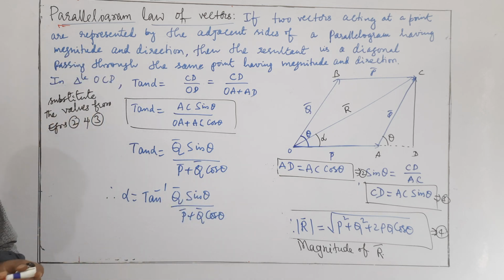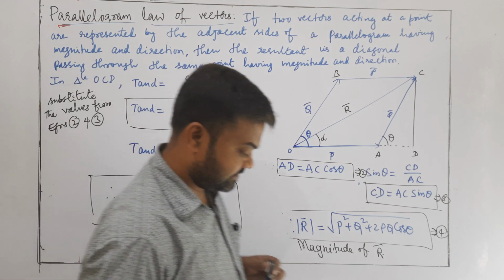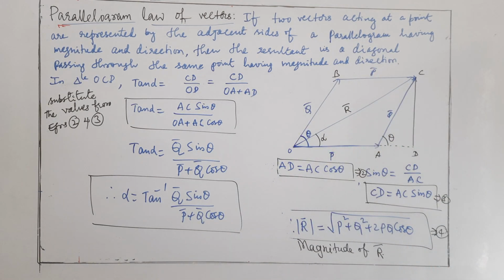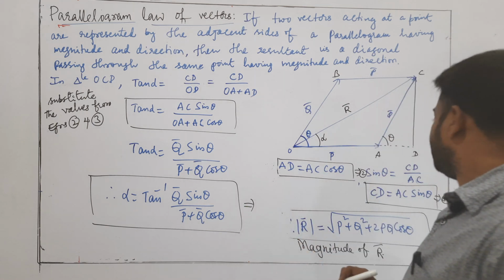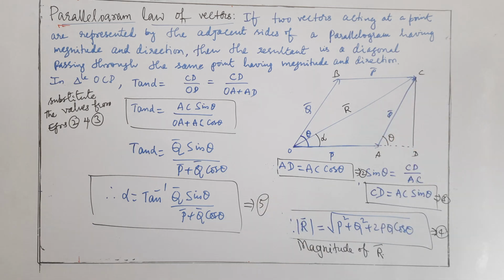Like this we can write here. This is the resultant direction. This is resultant magnitude and this one is resultant direction. This is what we have, equation 4 and the final fifth equation. Like this we can find out these values.